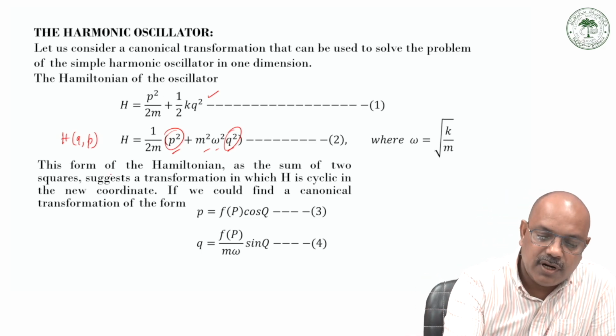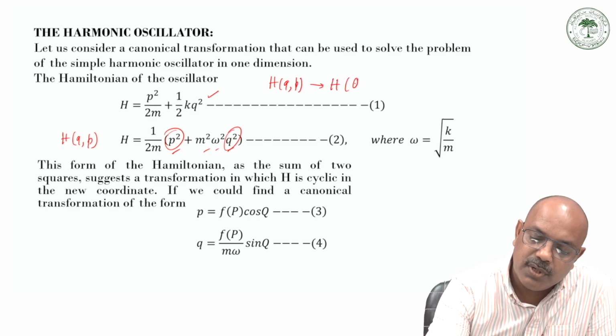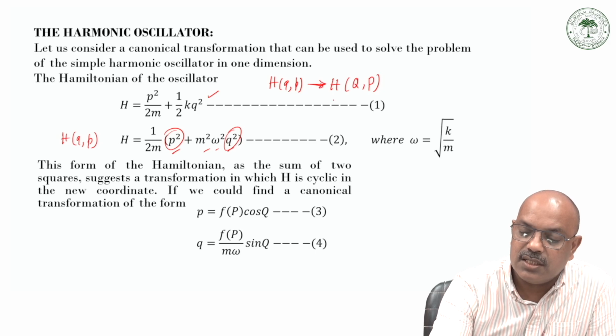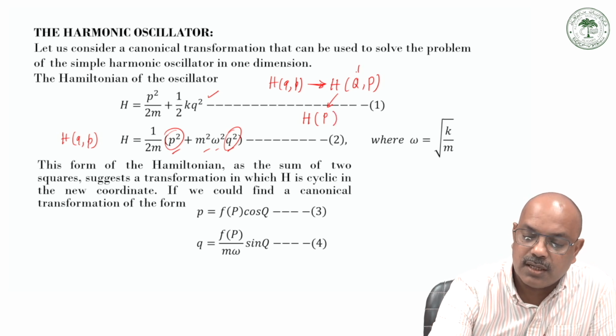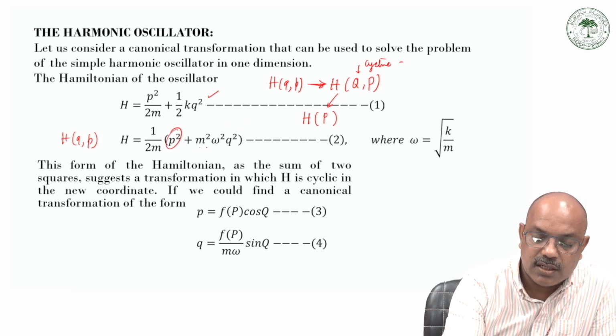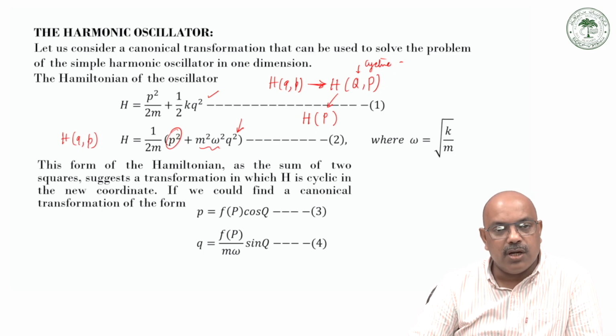That is, if I transform this H from qp to some H in QP, this H is independent of this Q. So Q is my cyclic coordinate. Q needs to be cyclic. If you see from this simple equation, this is p square, these are some constants, and then q square. So this gives you some certain idea of what we can go for.